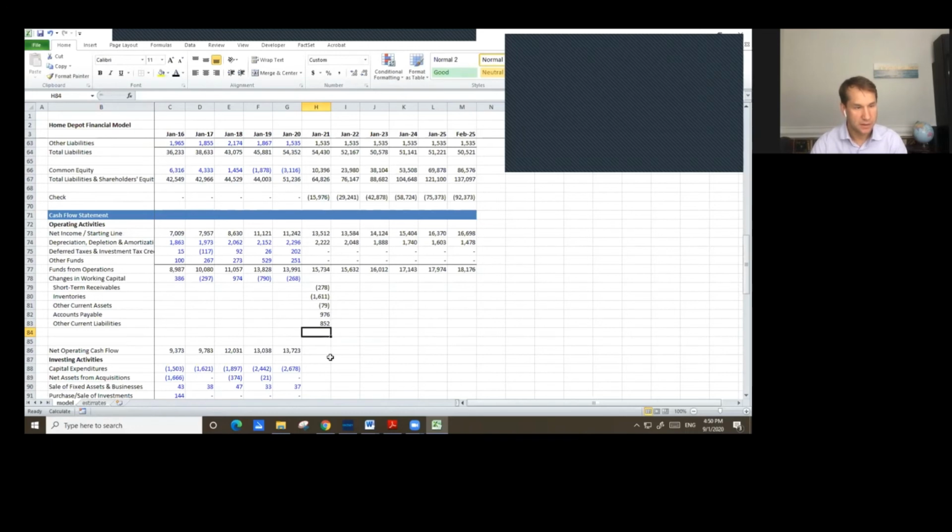And then net operating cash flow would be the total. It will be the sum of funds from operations plus all these changes in working capital. I've got an extra line, I'll delete that.